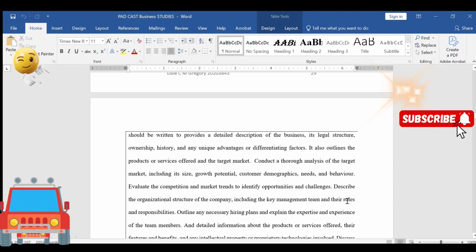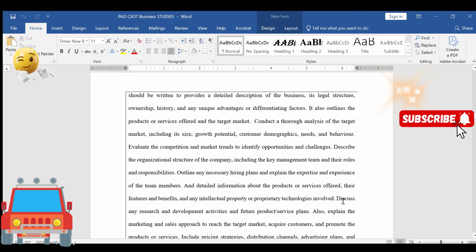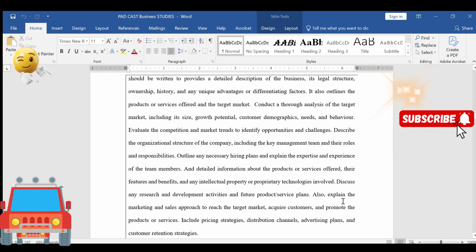Conduct a thorough analysis of the target market, including its size, growth potential, customer demographics, needs and behavior, evaluating the competitiveness and market trends to identify opportunities and challenges.